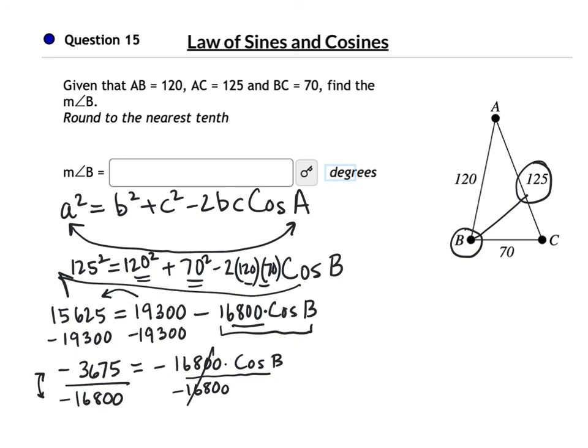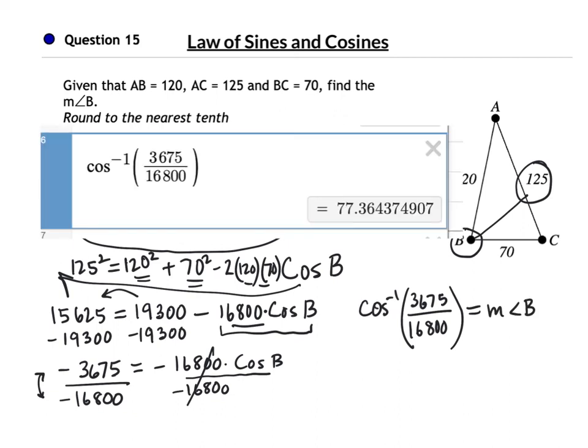So to find our answer, we're going to need to do the inverse cosine of that ratio, 3,675 divided by 16,800, and that will get us the measure of angle B. So plug that in the calculator. According to Desmos, the measure of angle B to the nearest tenth is 77.4 degrees. Again, glance at your question and make sure that seems reasonable.